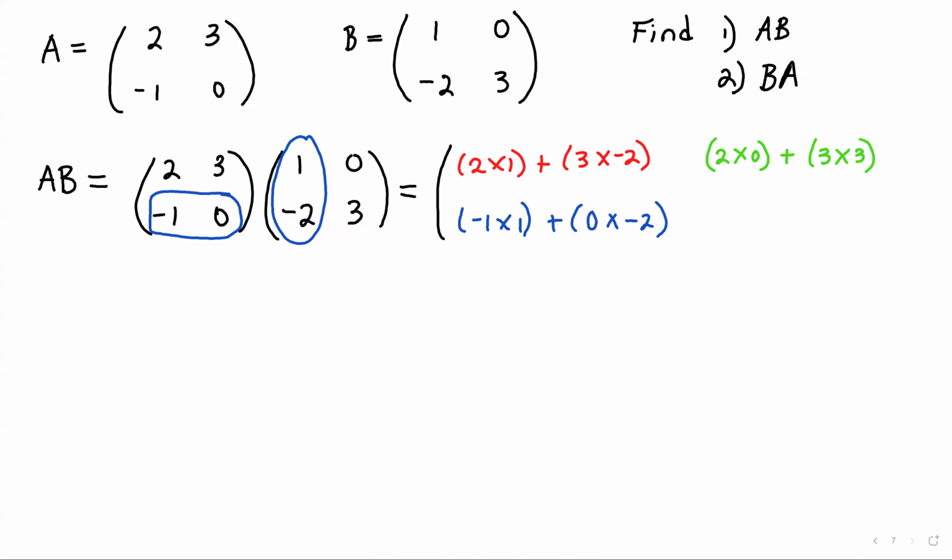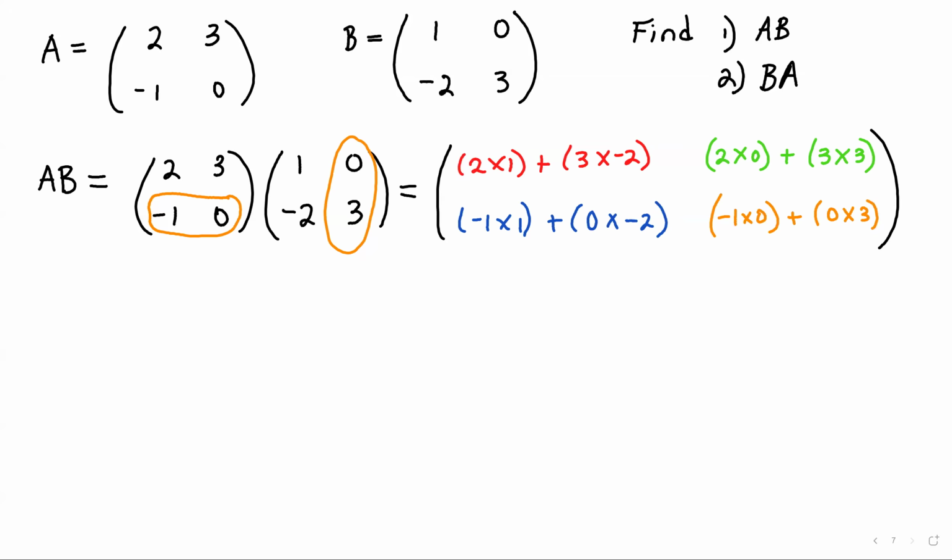And then finally, we're going to be looking at the same row 2, but now column 2 as well. So row 2, column 2. So it's going to be negative 1 times 0 plus 0 times 3. Right? And now you just work out each of those individual ones.